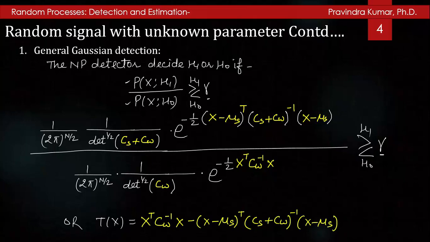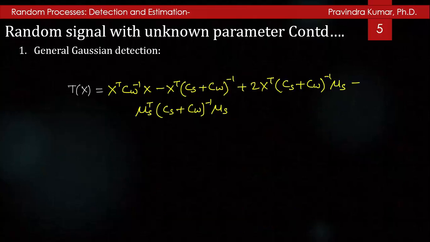Taking the logarithm, retaining only the data dependent terms, and scaling produces the test statistic T(x). It will be x transpose inverse of the matrix C omega into x, minus transpose of (x minus mu s) and inverse of the matrix (Cs plus C omega) into (x minus mu s).